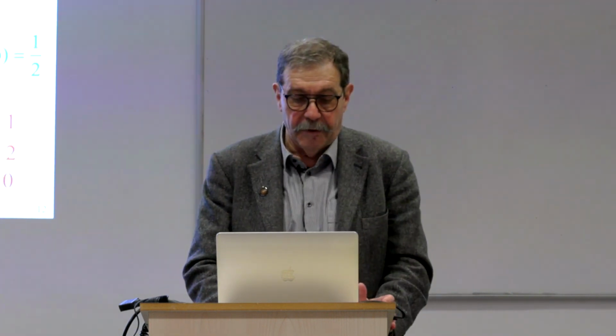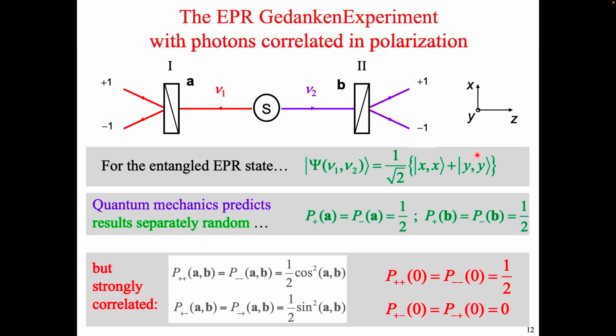EPR is if you have a state for describing the two particles, which is like that, and even people who don't know very much the formalism of quantum mechanics can easily understand what it means. XX would be a pair of photons polarized along the direction X, YY would be a pair of photons polarized like that.